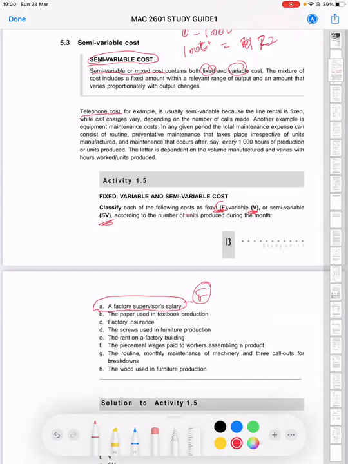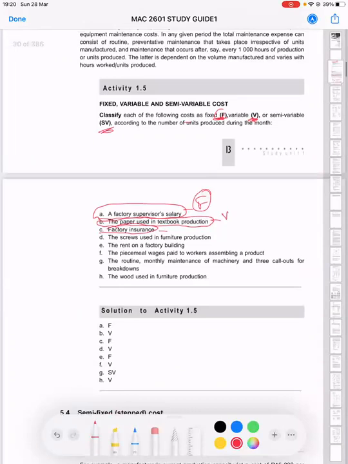The paper that is used in the textbook production, our product in question is the textbook. The paper is going to form the major part of our textbook. It is going to be a direct material, and direct material is a variable cost. Factory insurance is going to be a fixed cost.